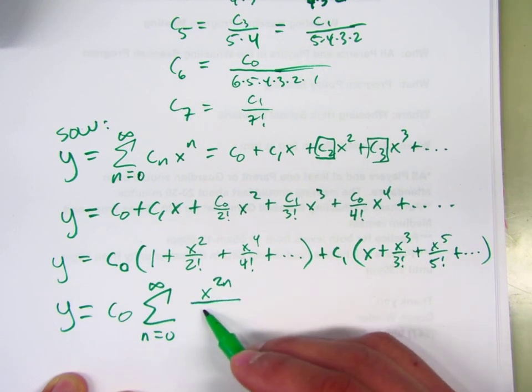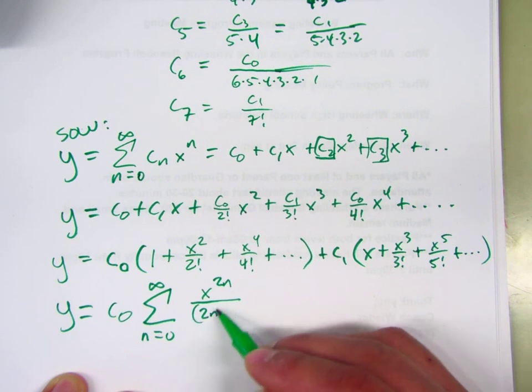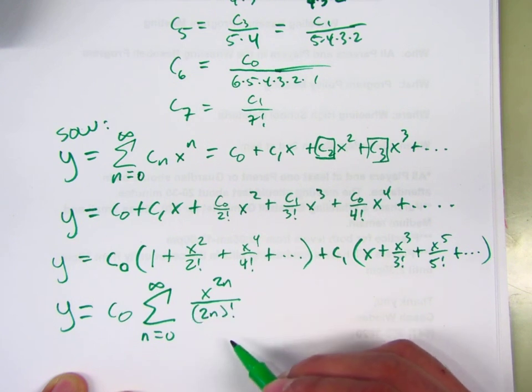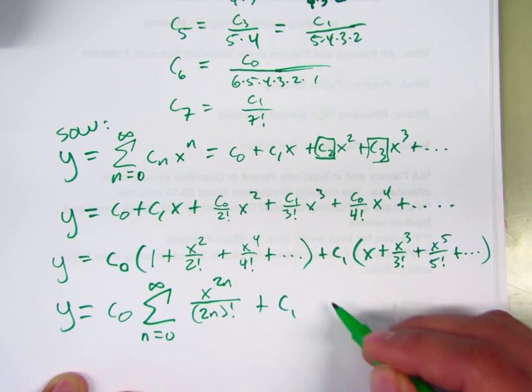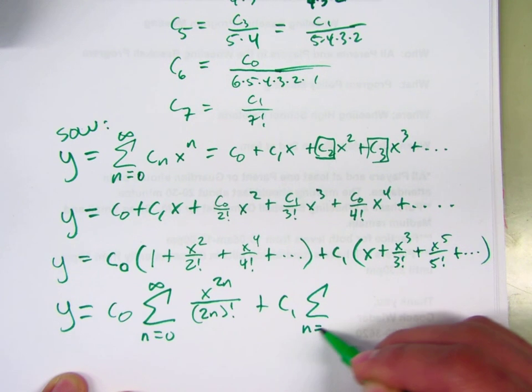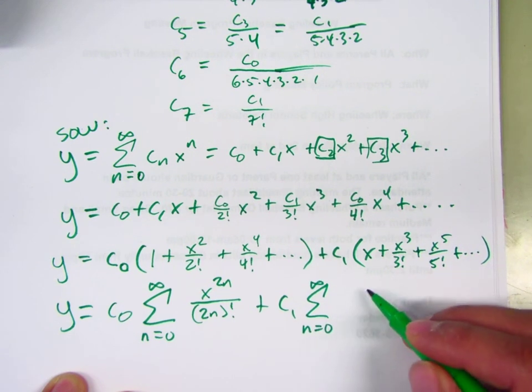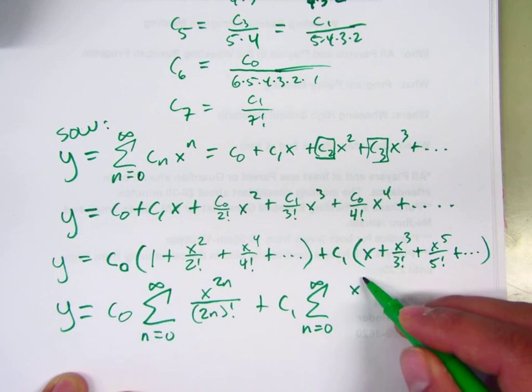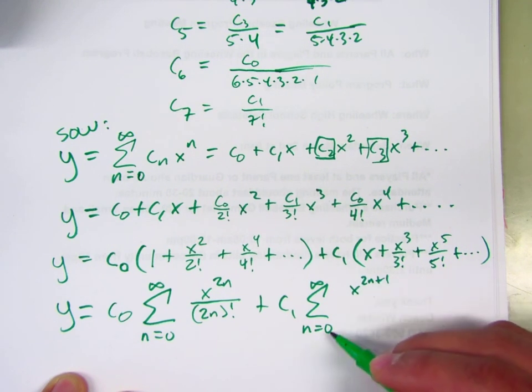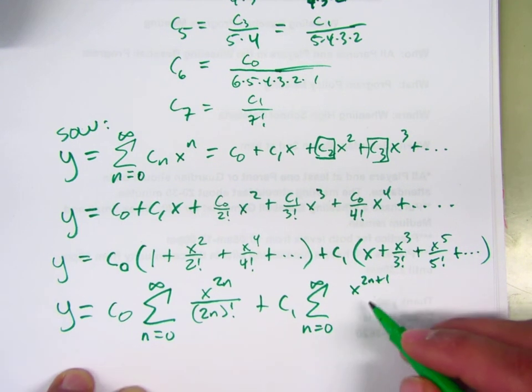And the denominator would be 2n factorial, right? Plus c1, same thing over here. And now here we're just starting at 2n plus 1, because if you do minus 1, then we're going to get the subscripts to not match. Then you'd have to change this. We always want to start at 0 if possible.